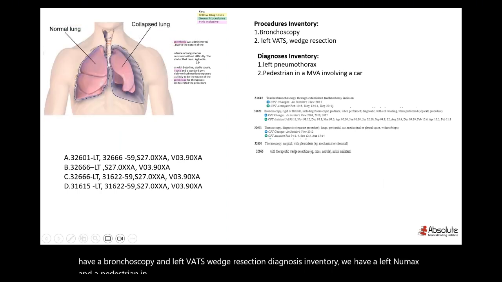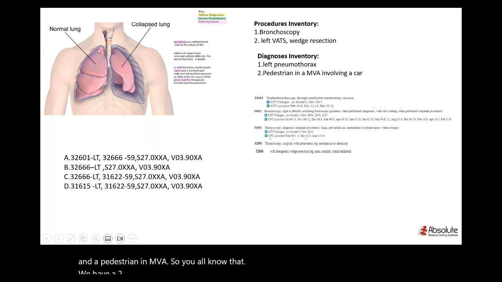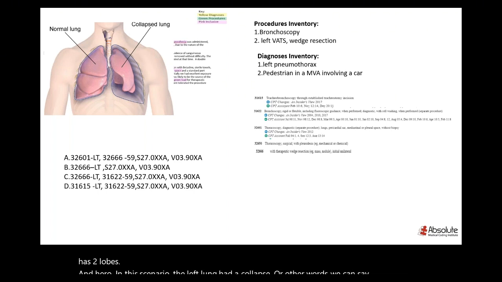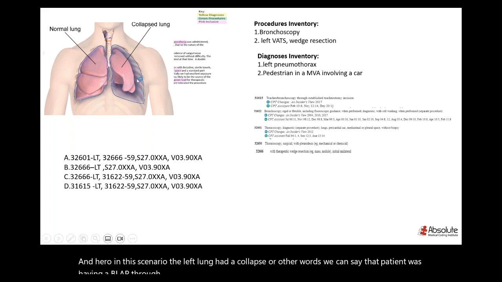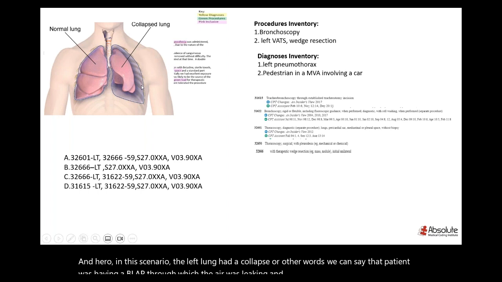So you all know that we have two lungs, right lung and left lung, and one of them has three lobes and the other one has two lobes. And here in this scenario, the left lung had a collapse. In other words, the patient was having a bleb through which the air was leaking, and the patient had the condition known as a pneumothorax.